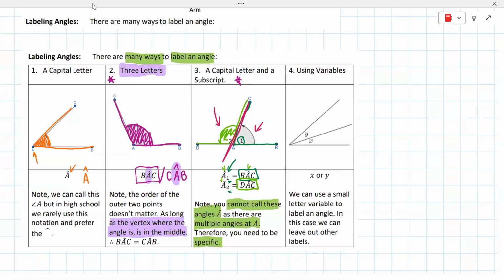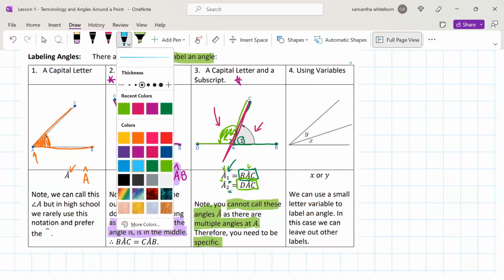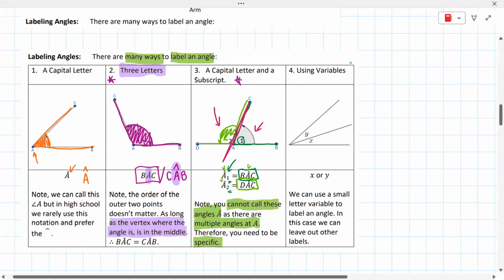Right, the fourth and final way that generally we label angles is with variables. Now this is what we are going to start to work with, especially in grade 8 and grade 9. This X is telling me that we are working with the angle created between, now there's no labels on this arm, but let's call this arm AB, AC, and AD.